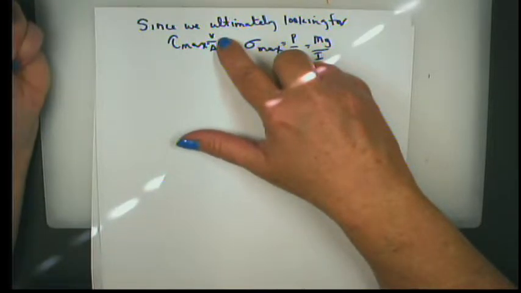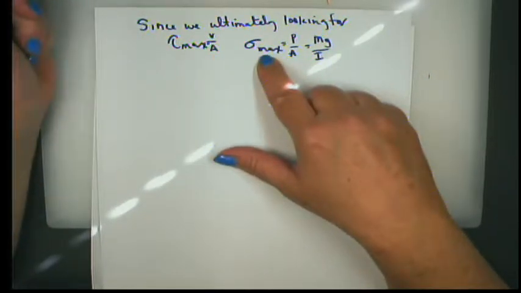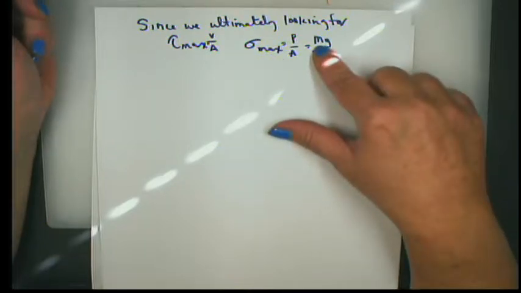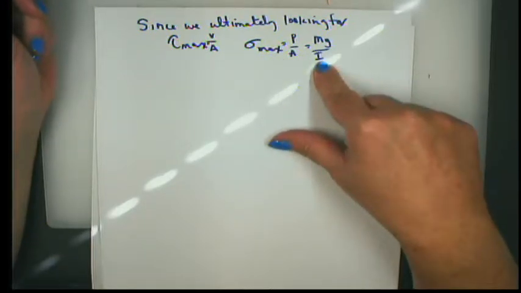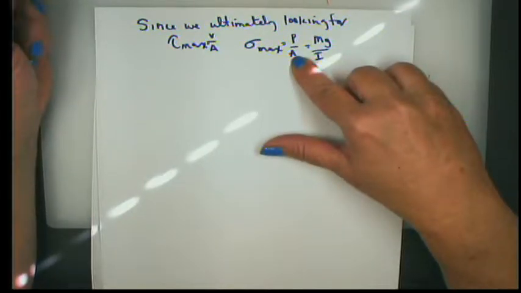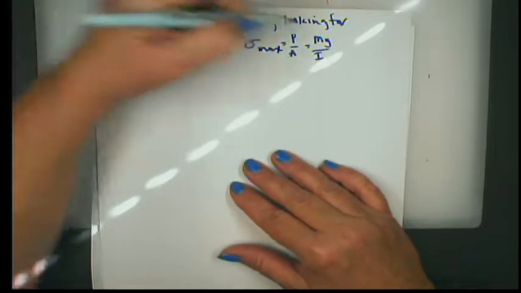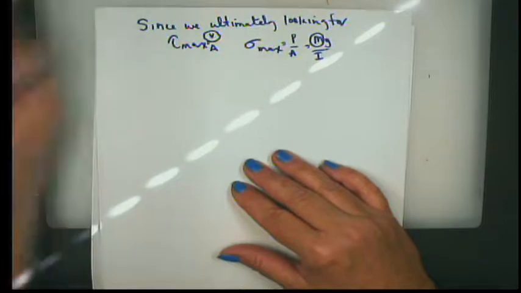Tau can be maximized if V increases or if A decreases. Sigma can be maximized if the moment increases or if the moment of inertia decreases, or if P increases or if A decreases. So what we're talking about today is just one component of this setup.